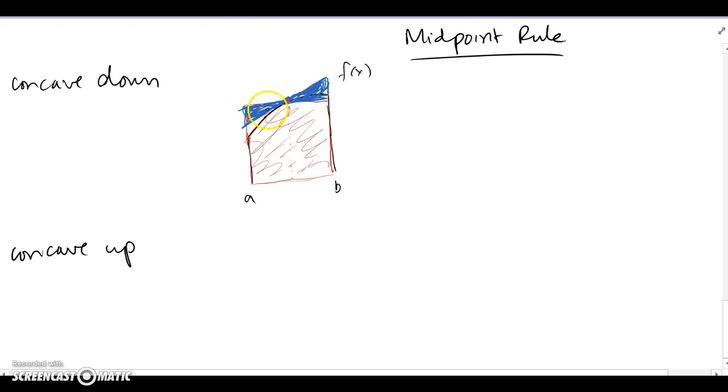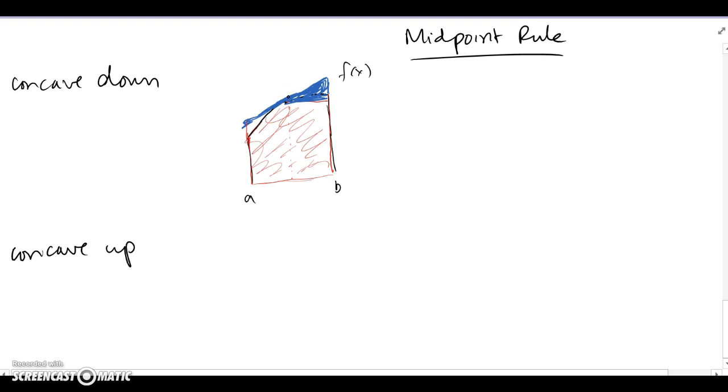So using this rectangle to get the area of the midpoint is basically the same way as if I were to erase, since these two are congruent right here, if I were to erase this blue portion and say I'm going to keep that top triangle piece to figure out the area using the midpoint rule.